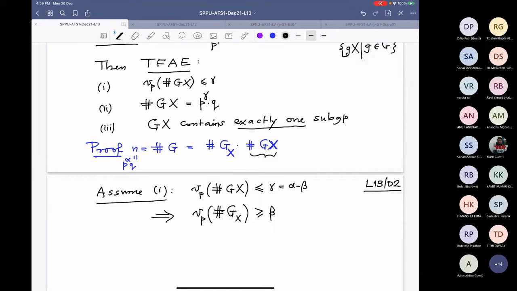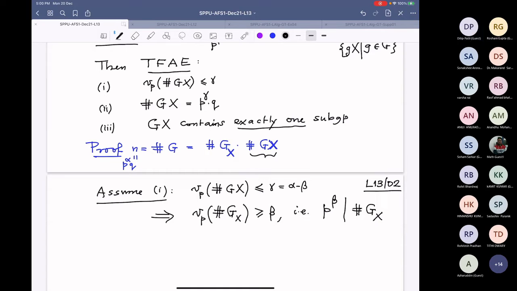But that means P power beta comes as a factor of this cardinality. That means P power beta divides the cardinality of the isotropy at x. And maybe more also, but definitely P power beta.